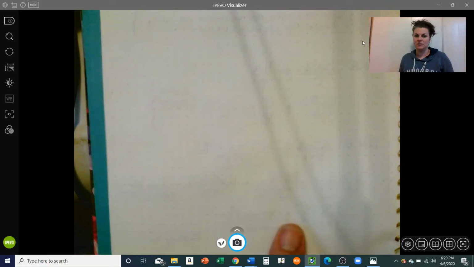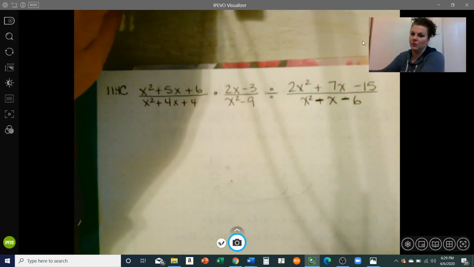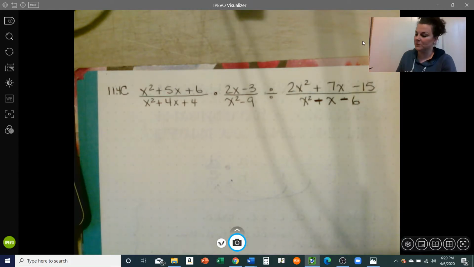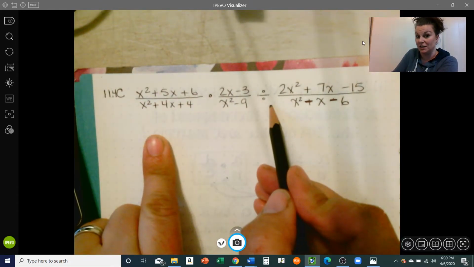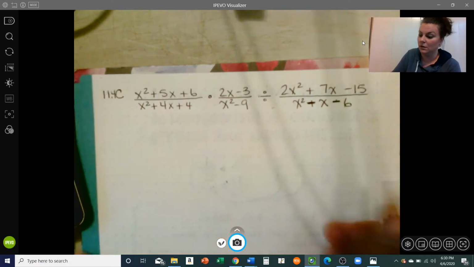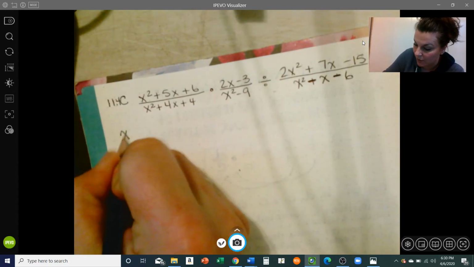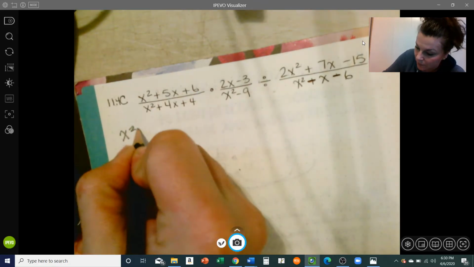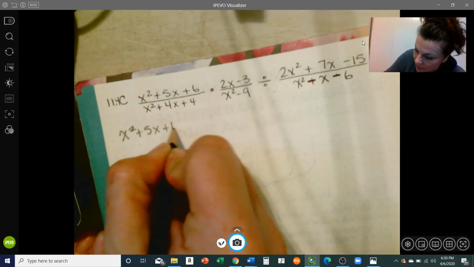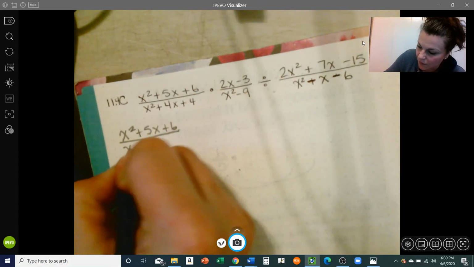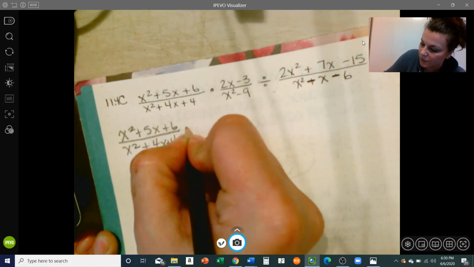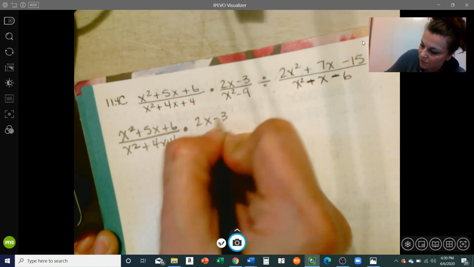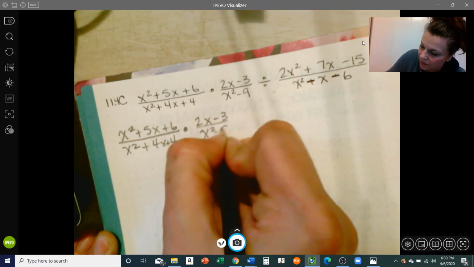And our last example, excuse me, is a little bit longer, and we have some multiplication and division. Not a big deal. I'm going to start out and just rewrite it. So I have x squared plus 5x plus 6 over x squared plus 4x plus 4 times 2x minus 3 over x squared minus 9.